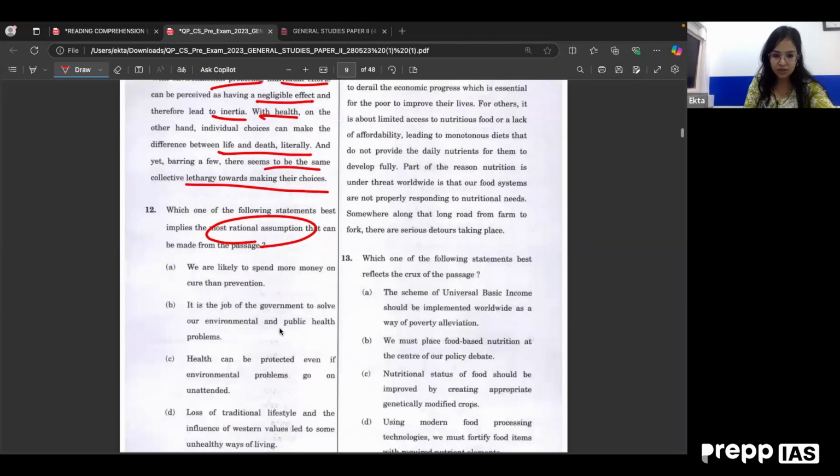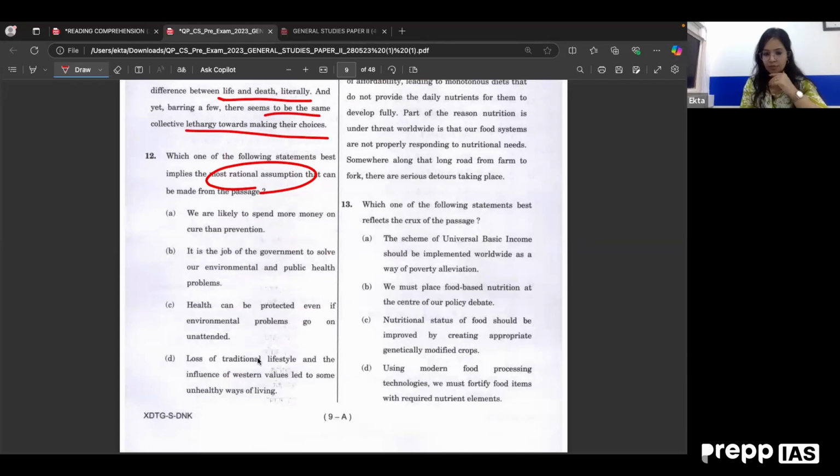These are the options. बहुत easy है ये question because of the options. Yes.